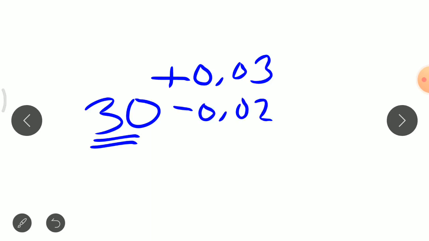Consider that we have to again manufacture a shaft with a basic size of 30 mm, but it is not possible to manufacture with the exact size, so the designer gives us some allowable dimensions: on the plus side you can manufacture the item up to 0.03, and in the minus direction we have the value minus 0.02 mm.